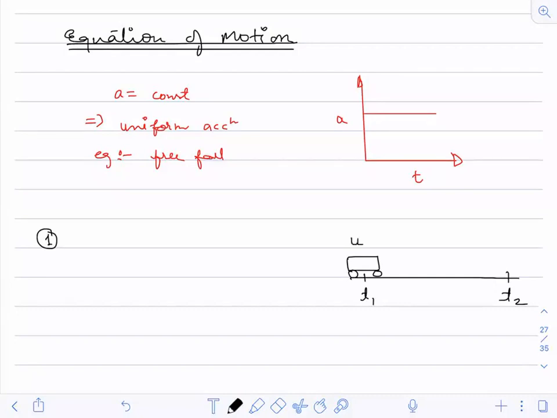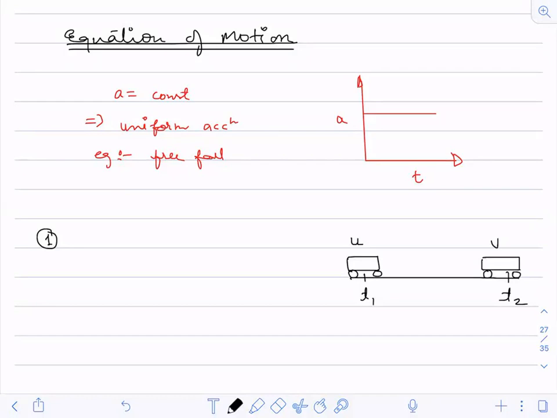After some time, the same car has a velocity of v. So initial velocity is u, final velocity is v. Because the speed is changing, there will be acceleration.